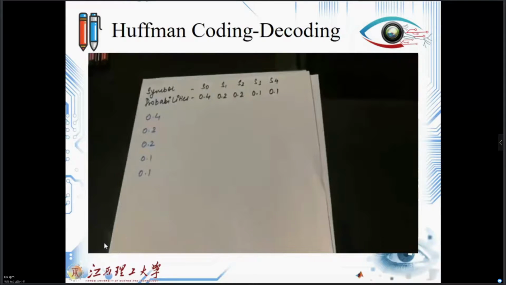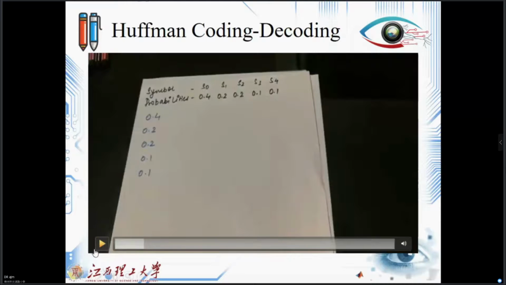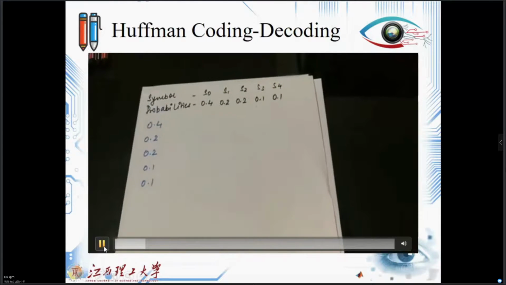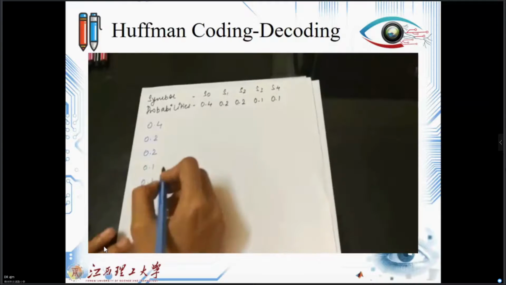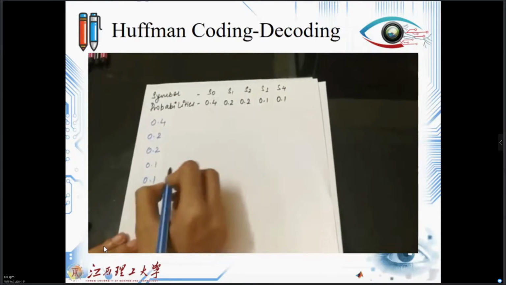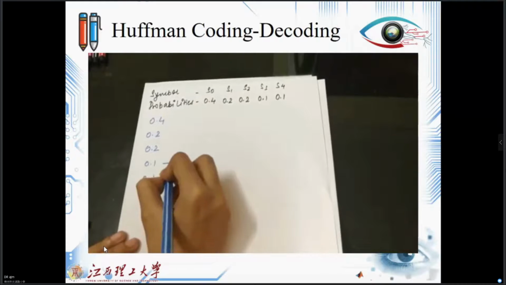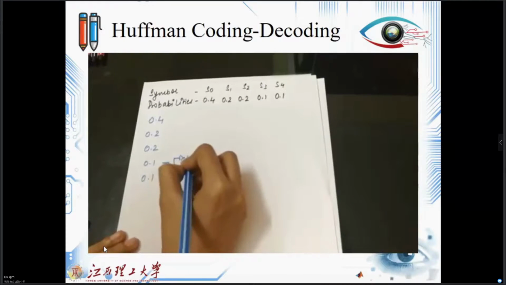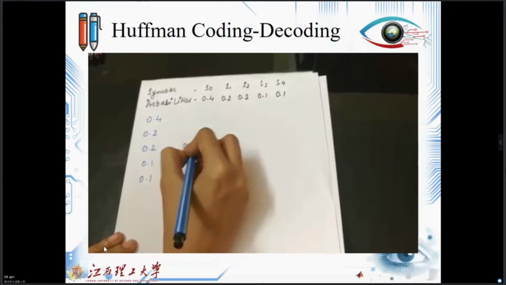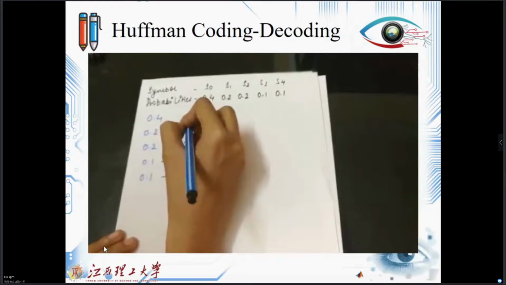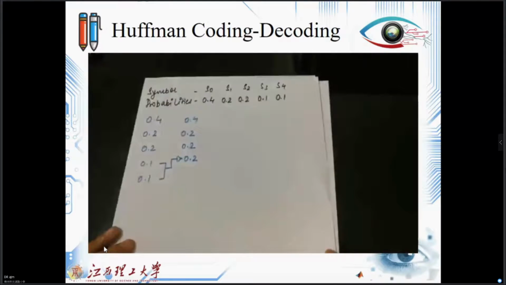We sort the probabilities, and then we write the symbols in front of them, meaning which probability is related to which symbol. First we find the lowest probabilities: 0.1 and 0.1 become 0.2, then again 0.2, 0.2, and 0.4. We reorder them.